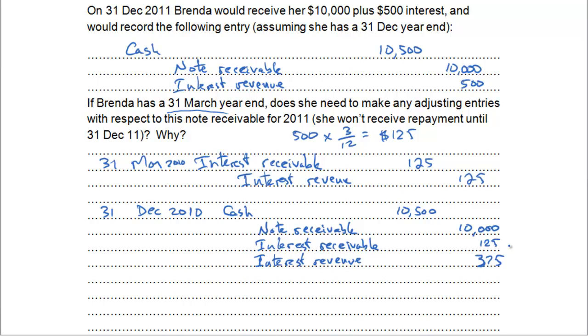Now, what happens if Brenda doesn't collect the note on December 31st? What happens if it expires? In that event, the note no longer is worth anything. That piece of paper has basically been repudiated. They say we're not going to pay, or we can't pay.